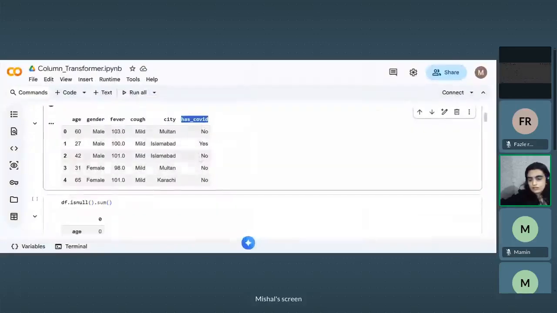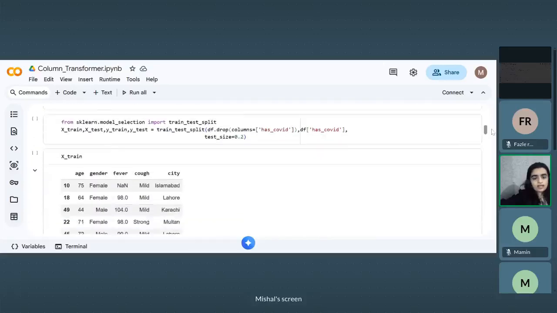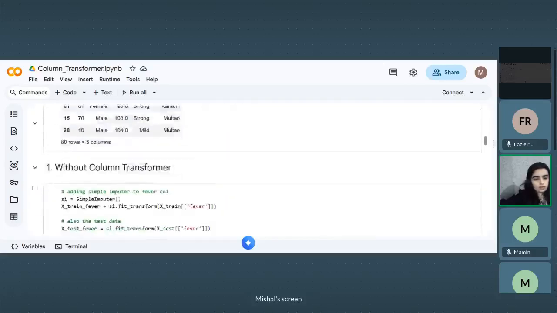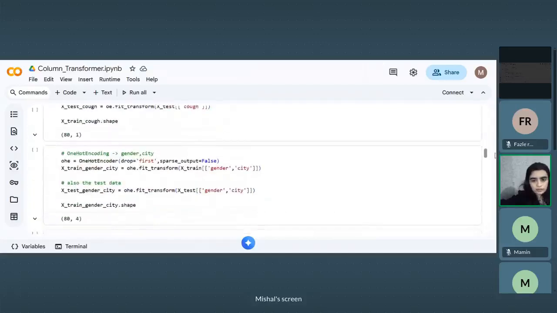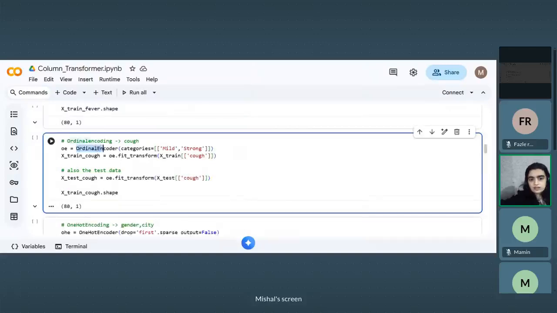So we will apply label encoder on the has COVID column, nominal encoding on city and gender, and ordinal encoder on the cough column. When we apply the encoder on the cough column, we need to mention its hierarchy also. Here it is ordinal encoder, we are making its object.